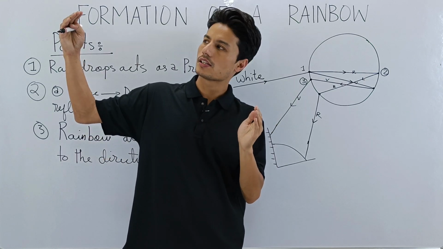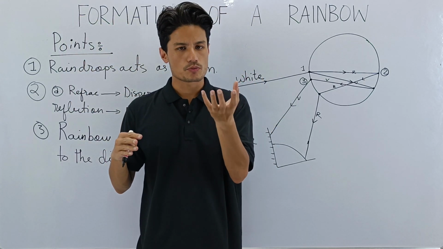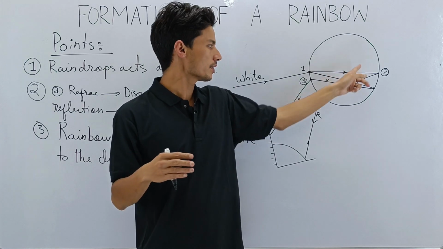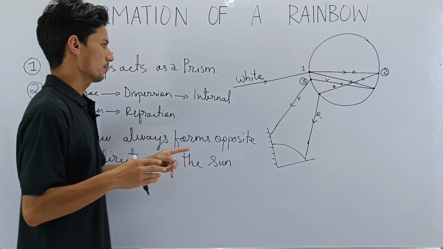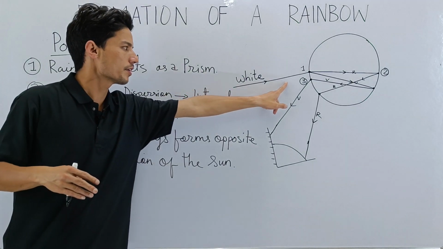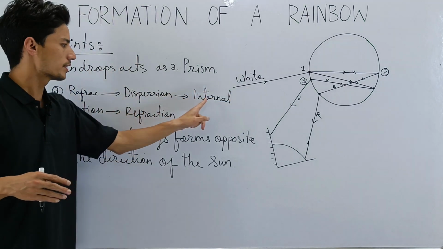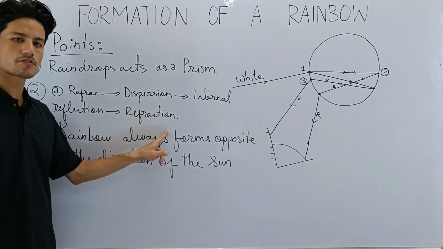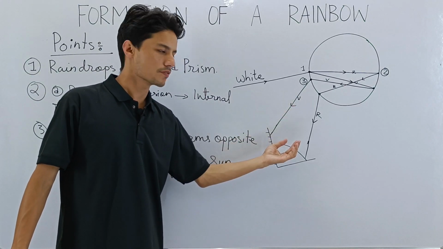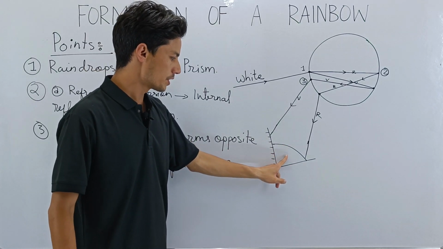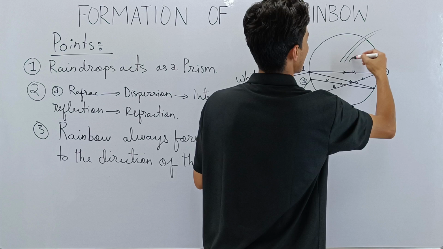So when sunlight enters through these tiny drops of water, they act like a prism and disperse light, by making the ray of light undergo these processes: refraction, then dispersion, then internal reflection, and then finally refraction. And thereby the rainbow becomes visible to the observer who is looking here.